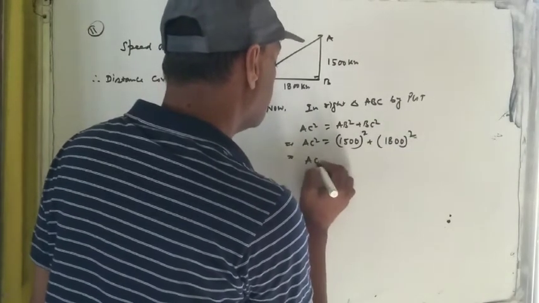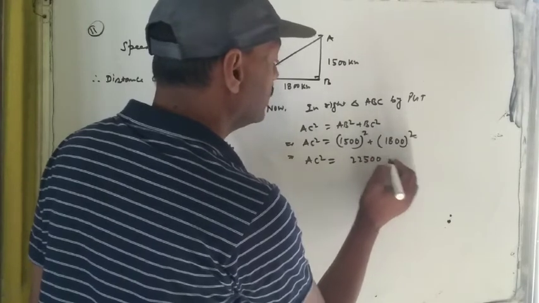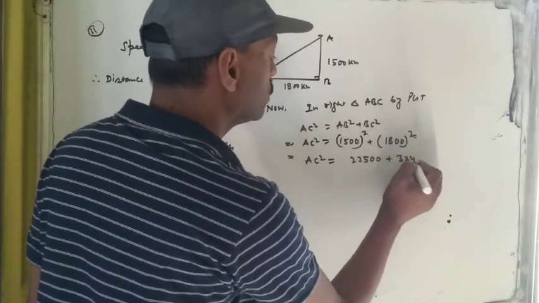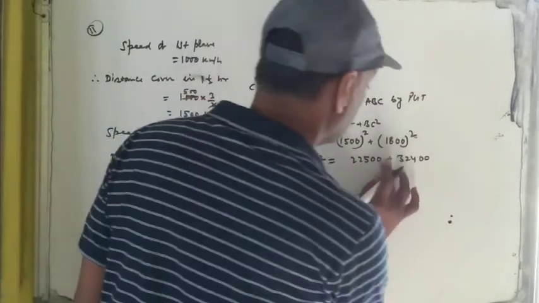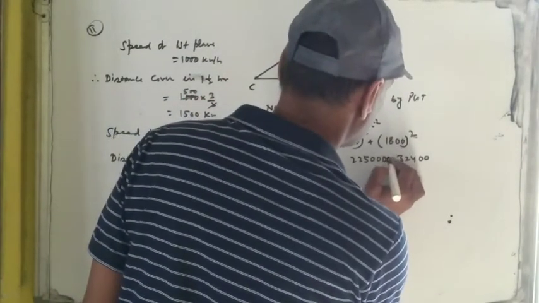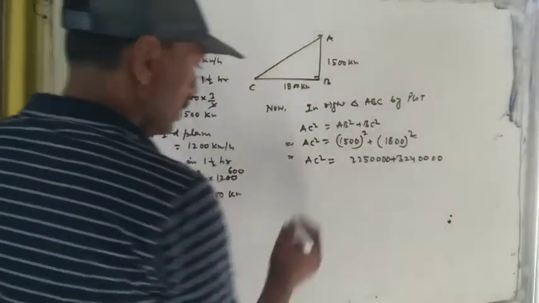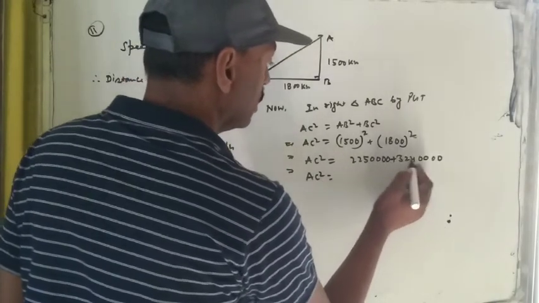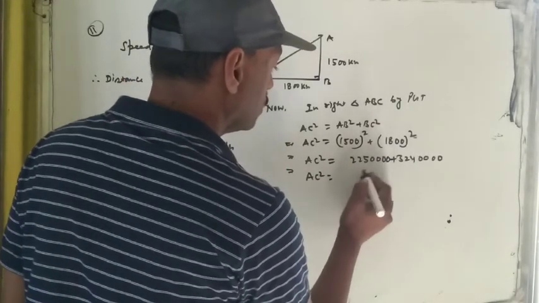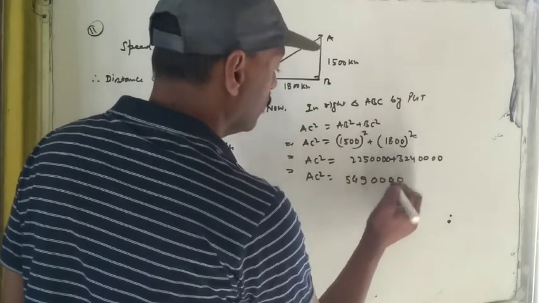Now AC square equal to 2250000 plus 3240000. Now add them. So AC square equal to 5490000.